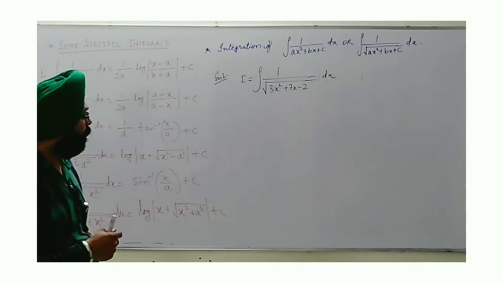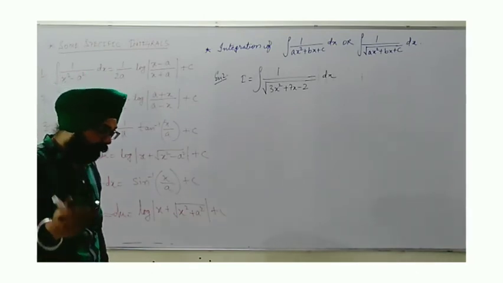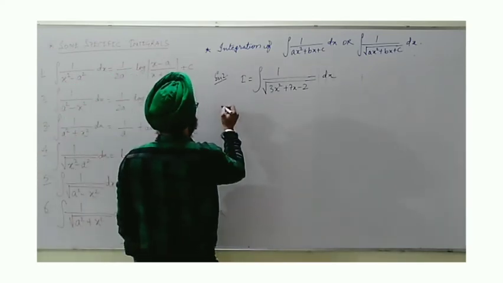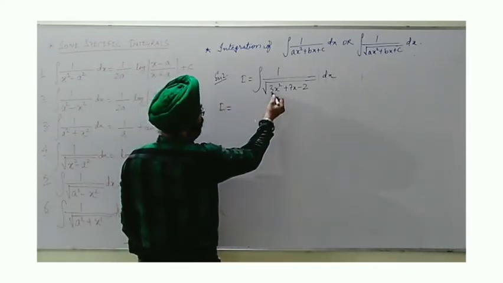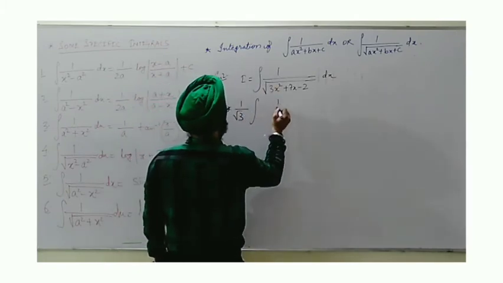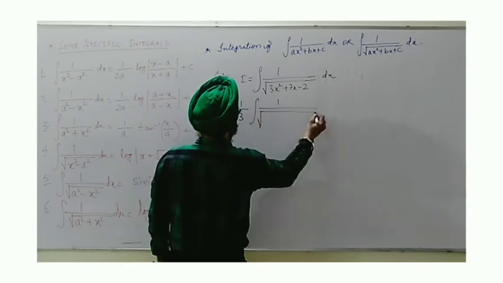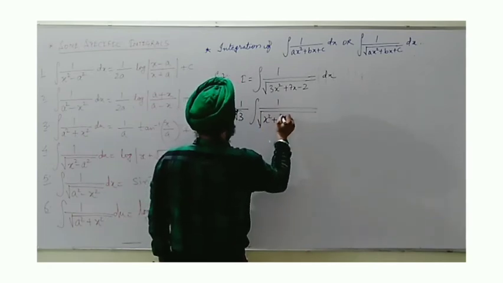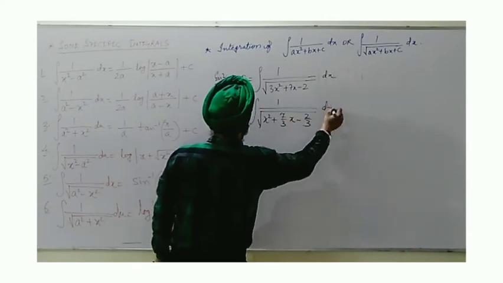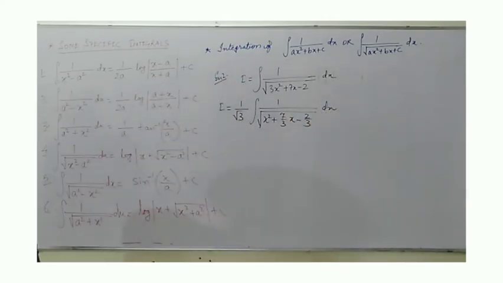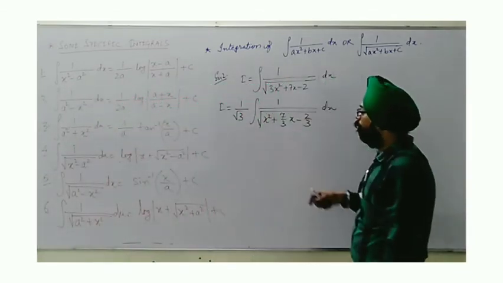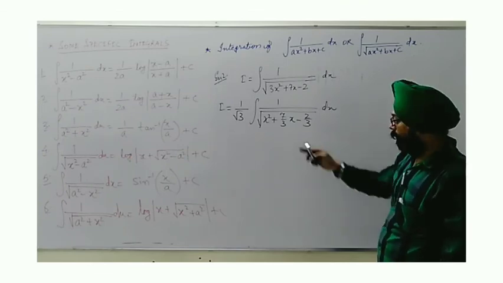The first step to complete the square is to take the coefficient of x square as a common factor. If I take 3 as common factor with the root, it will come out as 1 by root 3. Inside the root we are left with x square plus 7 upon 3 x minus 2 upon 3, dx. Right after this, we divide the coefficient of x by 2, which gives us 7 upon 6.